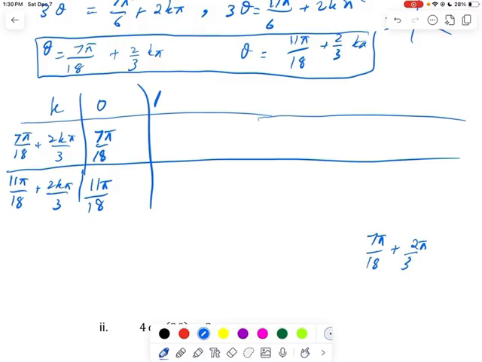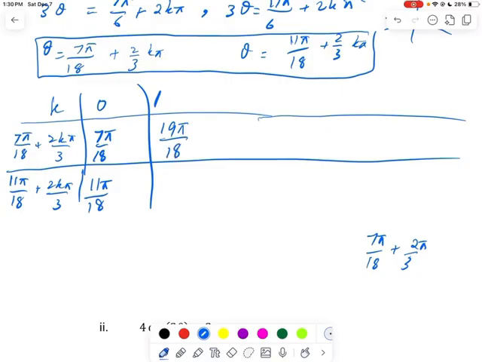Okay. So now we take the common denominator: 6 times 3 is 18, so we get 6 times 2 is 12, 12 plus 7 is 19, so we get 19 pi over 18.